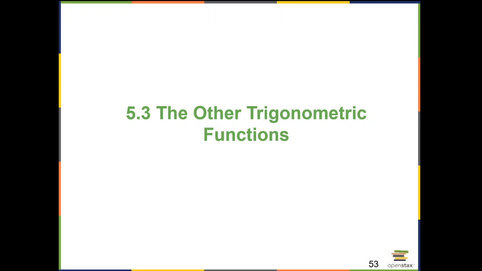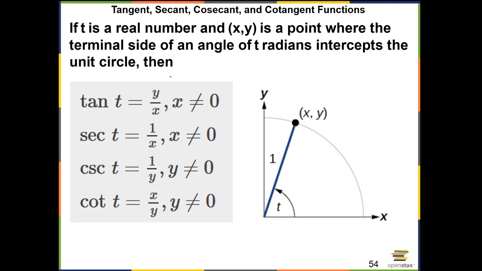So we know other trigonometric functions, obviously the ones we didn't talk about that much: tangent, cotangent, cosecant, and secant. So we know if t is a real number and (x, y) is a point where the terminal side of an angle of t radians intercepts the unit circle.